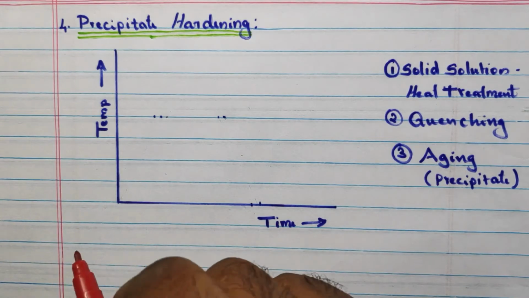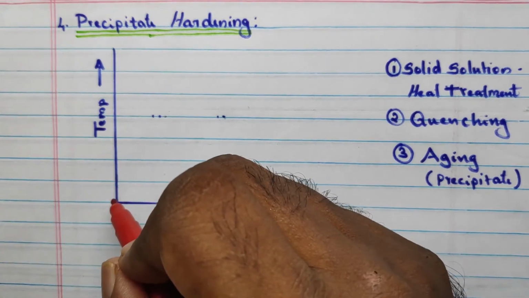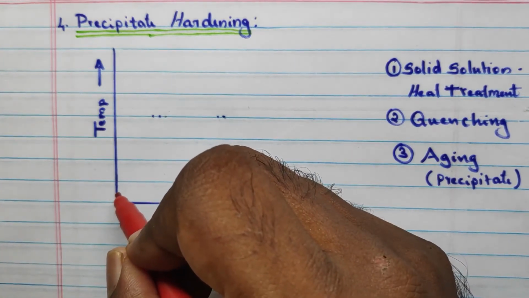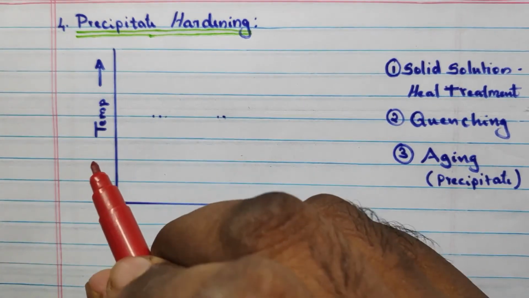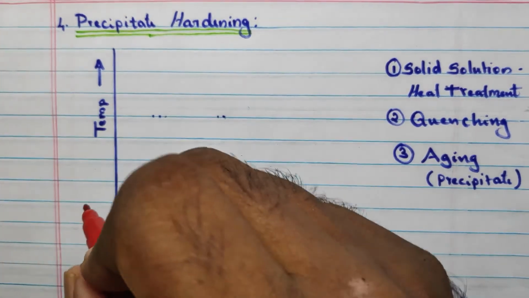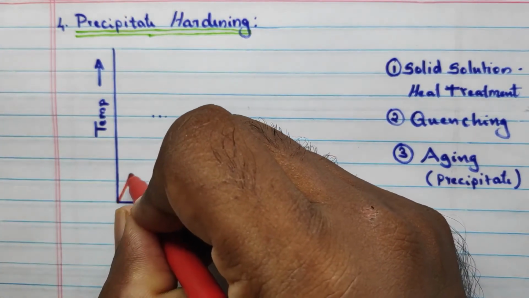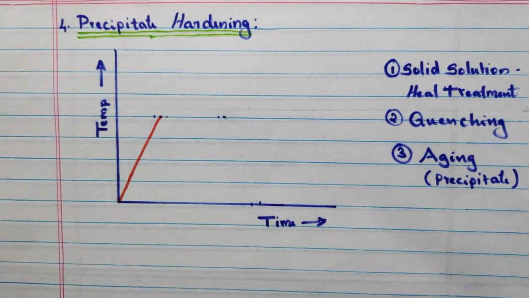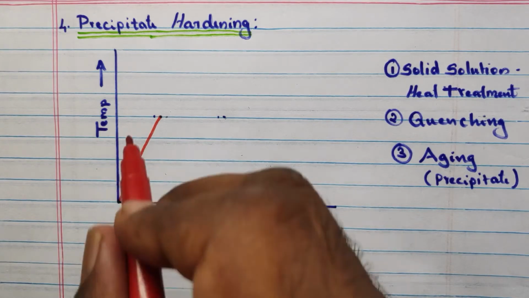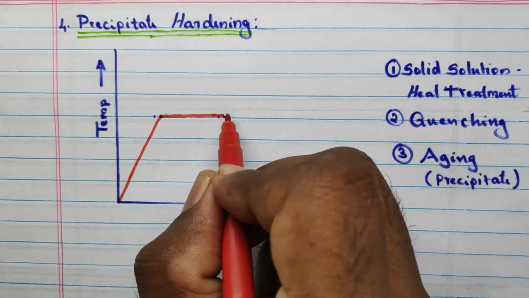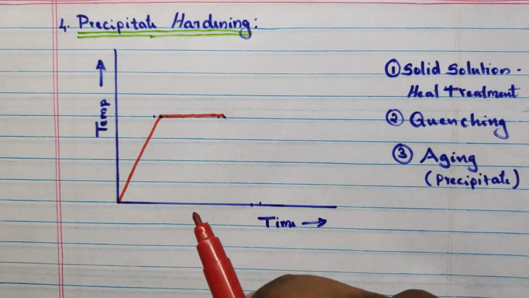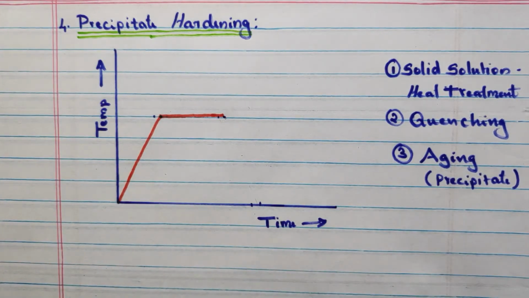Let me start from the first. First one, solid solution heat treatment. To form a very good solid solution, the material is heated to a very high temperature, and afterwards it is held at a particular temperature for some time.